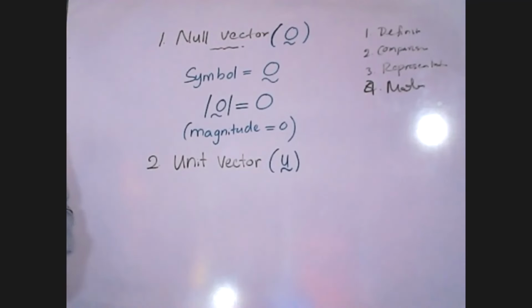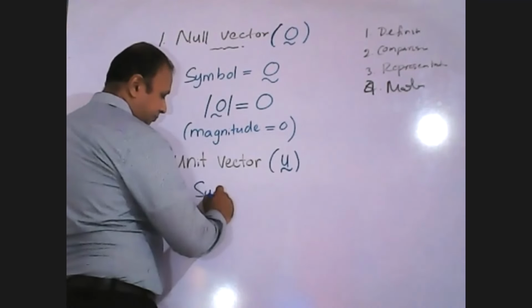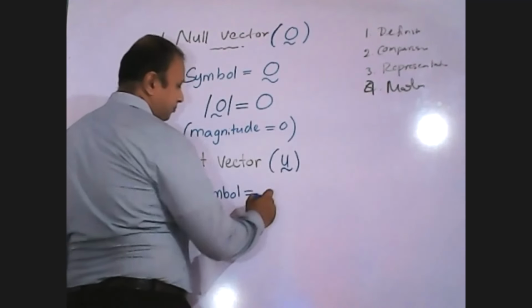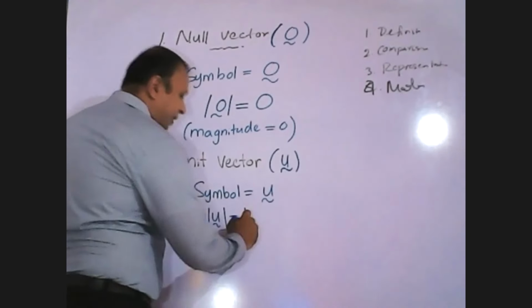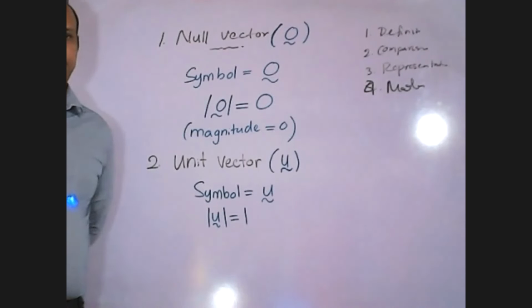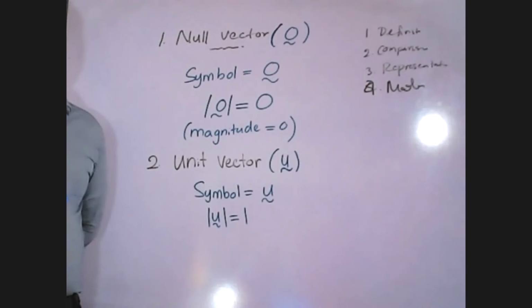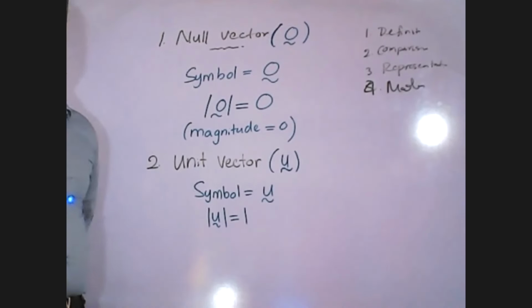Right under that topic, if the magnitude of a vector is equal to 1, it is called a unit vector.